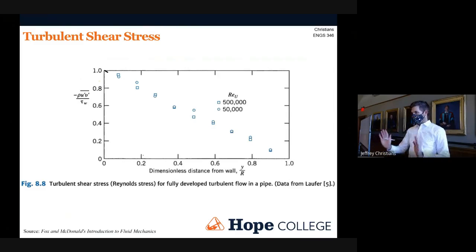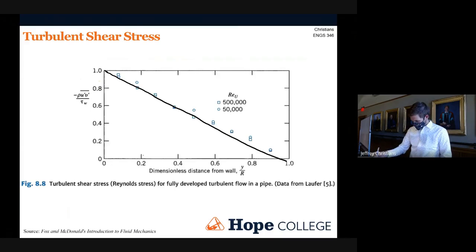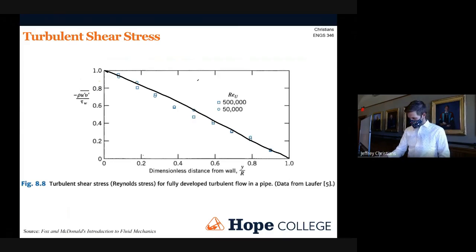So 1 is the maximum, and it should be 0 at the center. So it should be a line like that. Close enough. So this is the total shear stress.